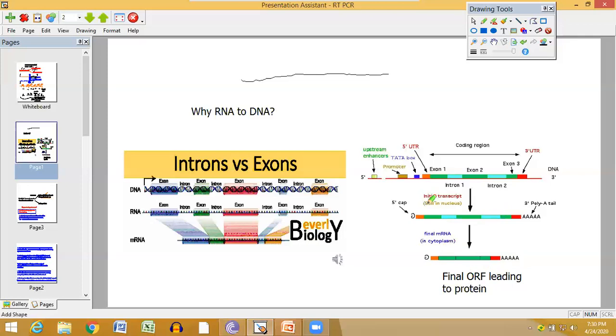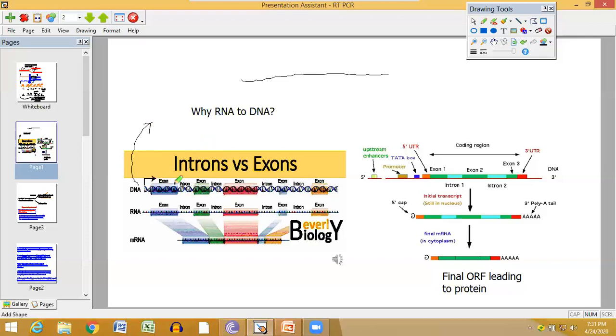So now you think you want to express a gene into some cell. You have to make sure there are no introns. But if you want to clone the gene directly from the genomic DNA, what will happen?